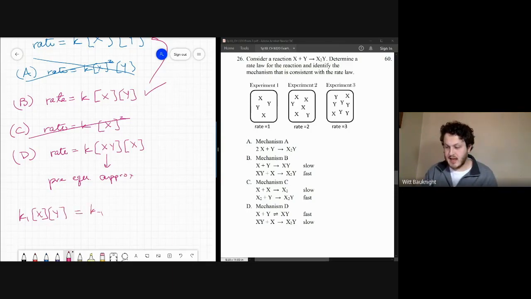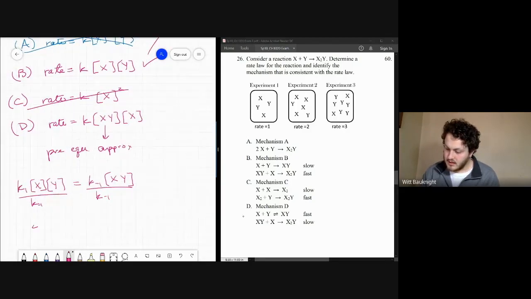That's why I'm calling this k1, still a constant. So if I solve for xy, I'm going to divide both sides by k negative 1, and I get k1 over k negative 1 times x y is equal to xy.